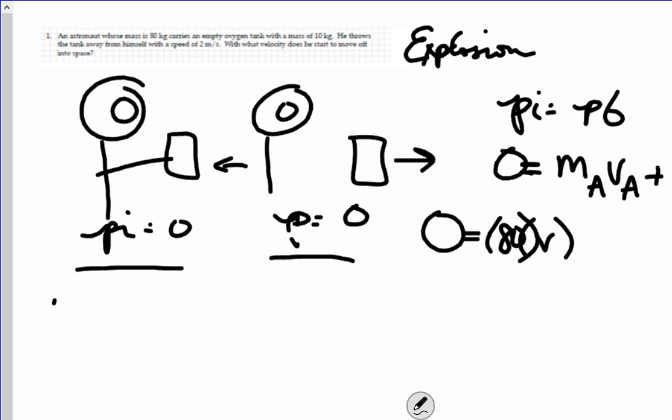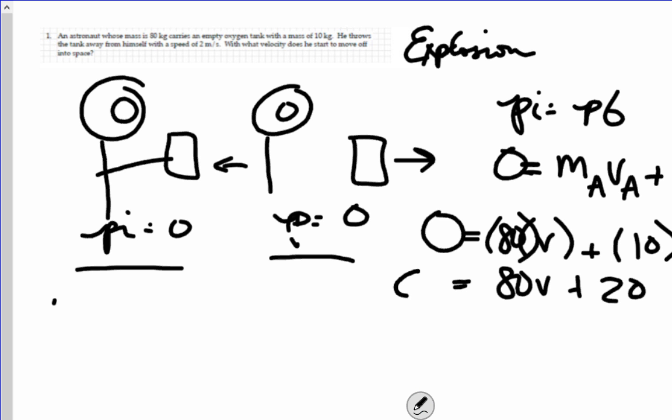because then I'm going to be able to tell that you know this is an explosion. All right, that's supposed to be 80 times V. That wasn't really legible, I apologize. Plus, now the tank is 10 kilograms, and I'm being lazy here, I'm not putting in the units, but I think you get the idea. Okay, so this equals 0. So you can see that I'm going to get a negative velocity for the astronaut, and that's just fine.